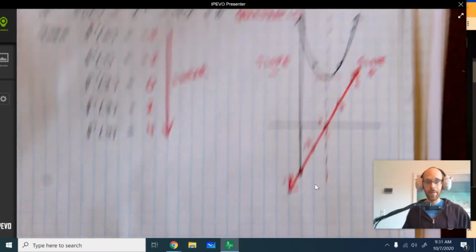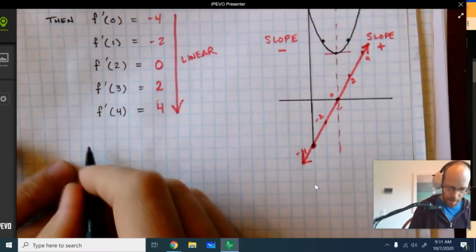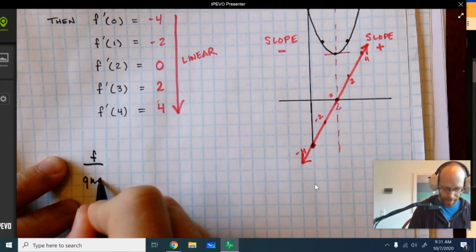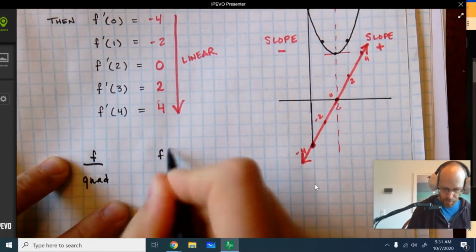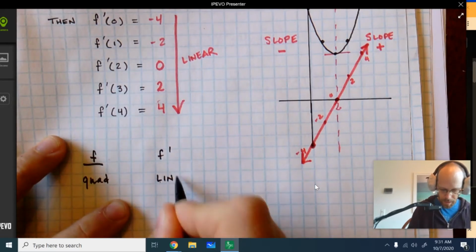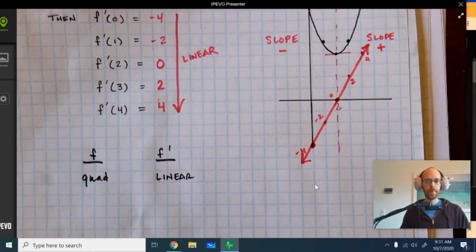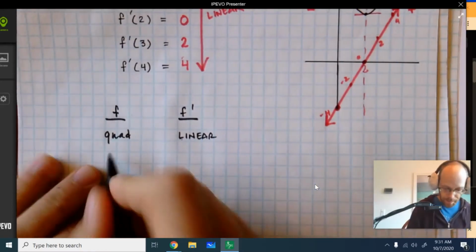Now here's what I have noticed. The function was a quadratic, and the derivative was linear. Okay. Well, here's some things that you learned in your last lesson.